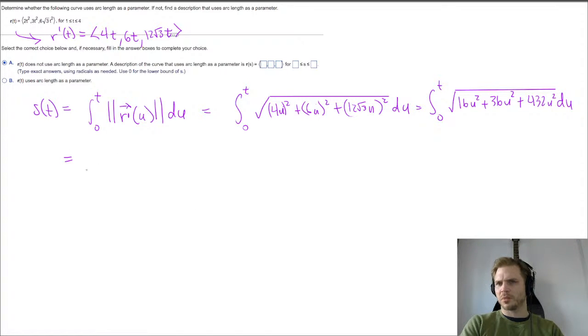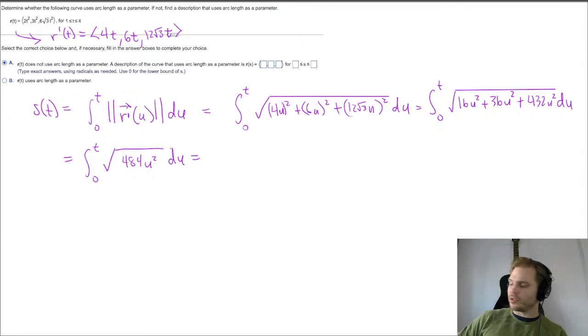And they probably set it up so that it's all going to work out nicely. 16 plus 36 is 52, plus 432 is 484, so 484 u squared du.